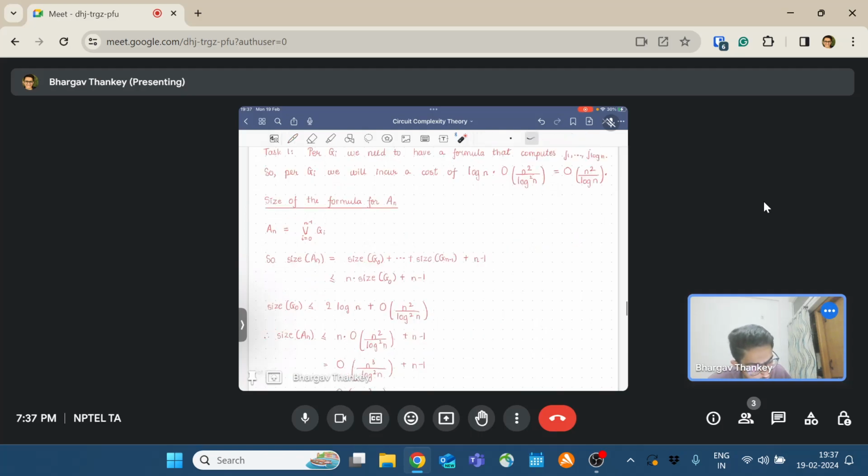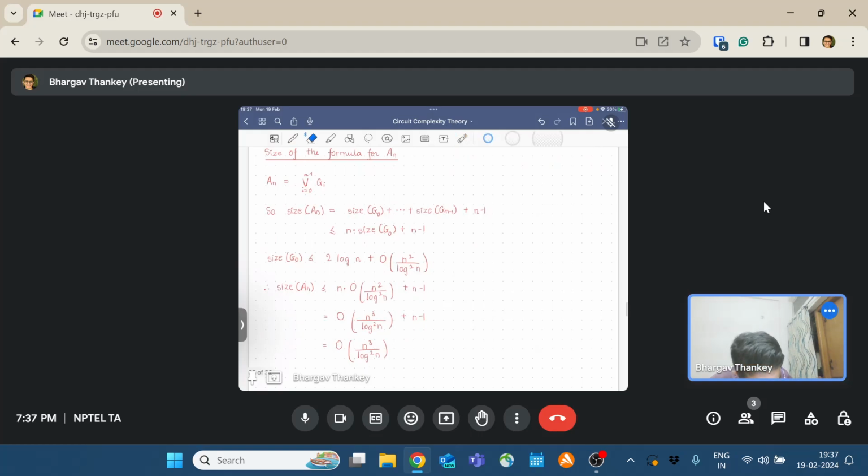Over here it's order n square over log n. I need to remove these two everywhere.